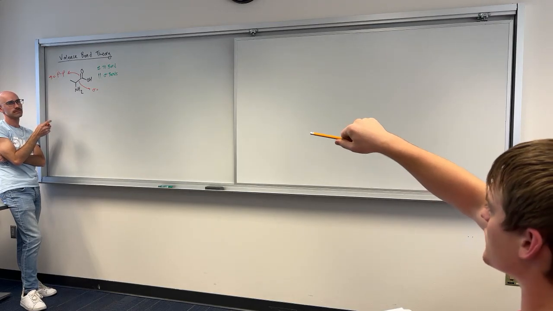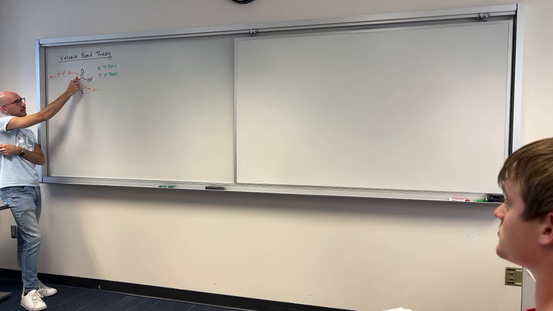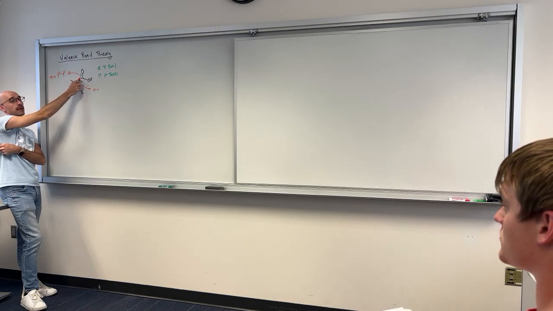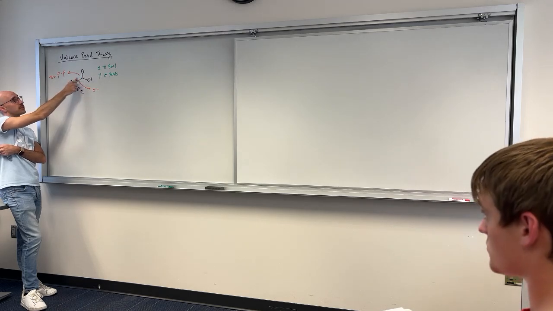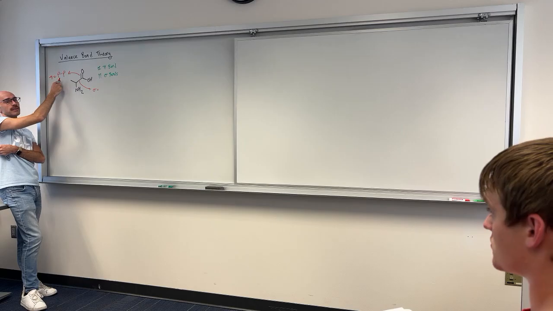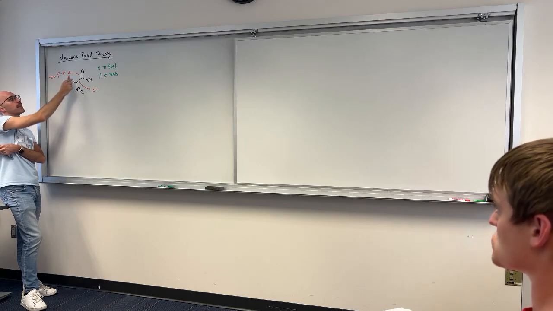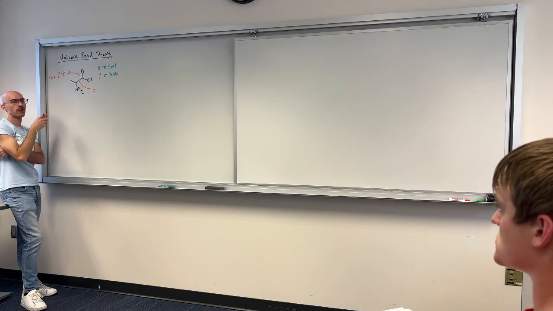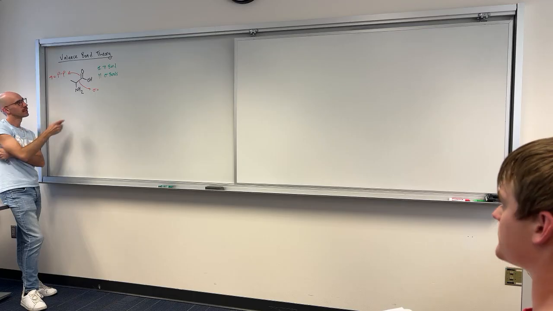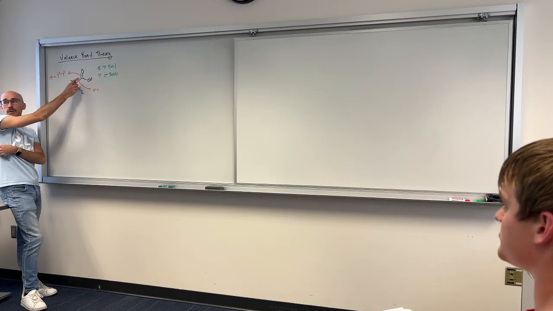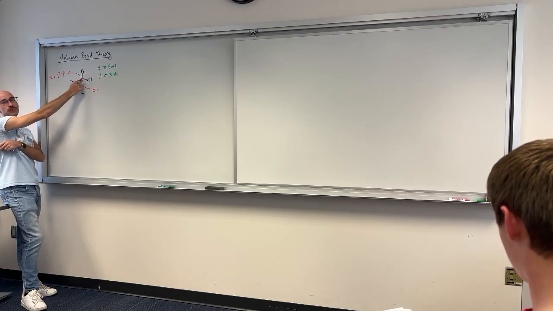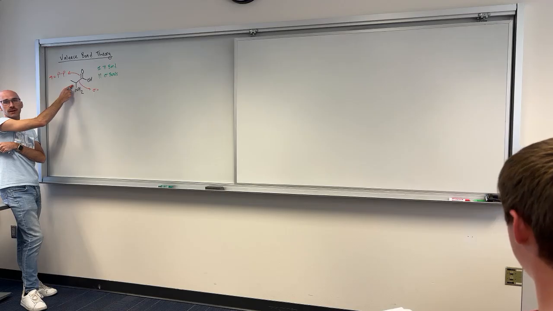Isn't that carbon with 4 bonds hybridized? This carbon is sp2 hybridized, which means it has an unhybridized p orbital that overlaps with the unhybridized p orbital of the oxygen. Looking at this carbon-carbon bond, I have an sp2 carbon and an sp3 carbon.